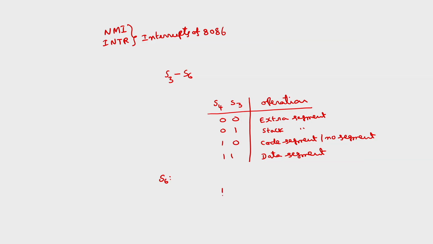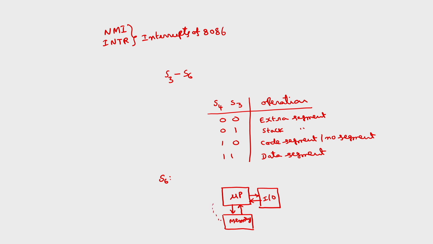As I have told, if I take the microprocessor, memory, and IO, the normal way of data transfer is this: if I want to transfer data from memory to IO, the memory first transfers it to the microprocessor, which then transfers it to the IO.